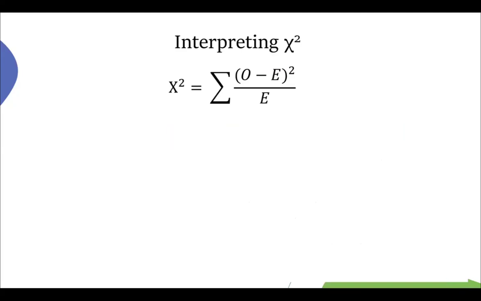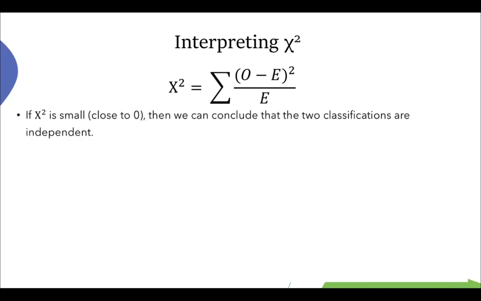So what does it mean when we get a value out of this formula? What does that value mean? It's a measure of the differences between O and E, between observed and expected. If the difference is small, meaning that it's close to zero, then we can conclude that the two classifications are independent. So if you look at what's happening up here, we're taking a difference.